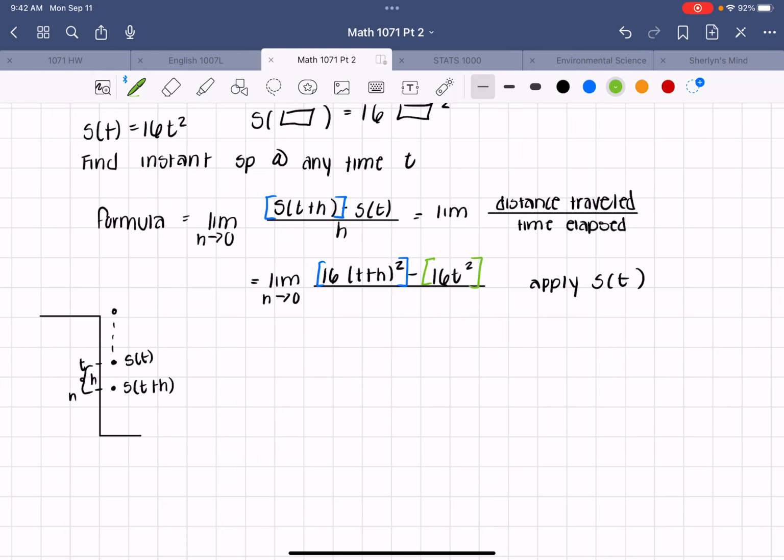Now you expand your algebra. You know how to expand a square: t squared plus 2th plus h squared, right? A squared plus 2ab plus b squared.